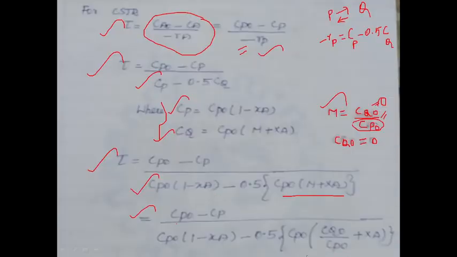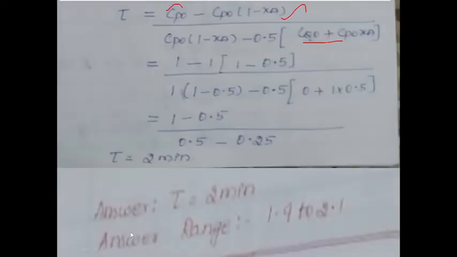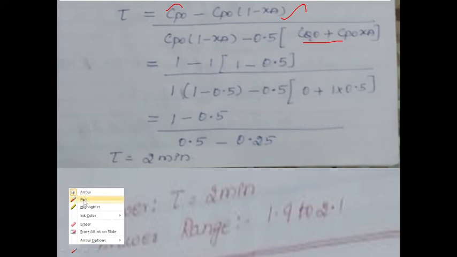How does this value come from the previous one? Here 0.5 into Cp naught into Cq naught by Cp naught, multiplied with Cp naught; the Cp naught cancels in the first term. The second term is Cp naught into Xa. The final term is 0.5 into Cq naught plus Cp naught into Xa. Check this expression.